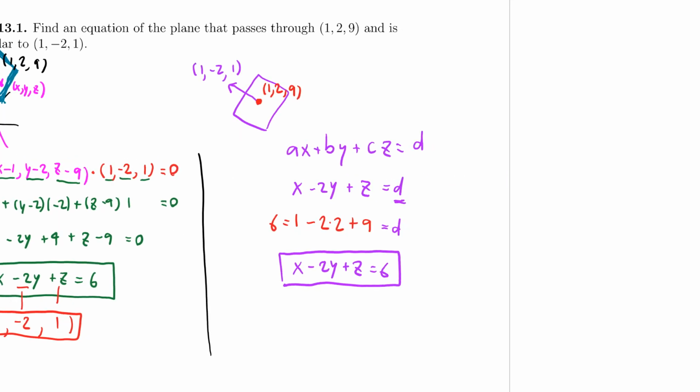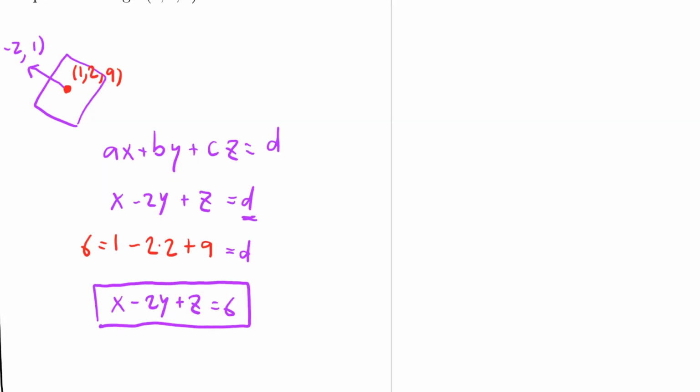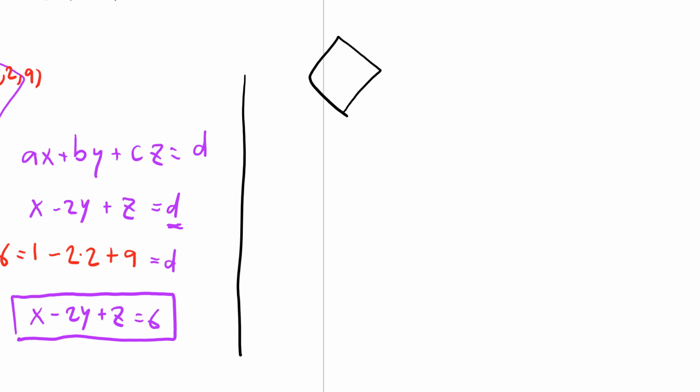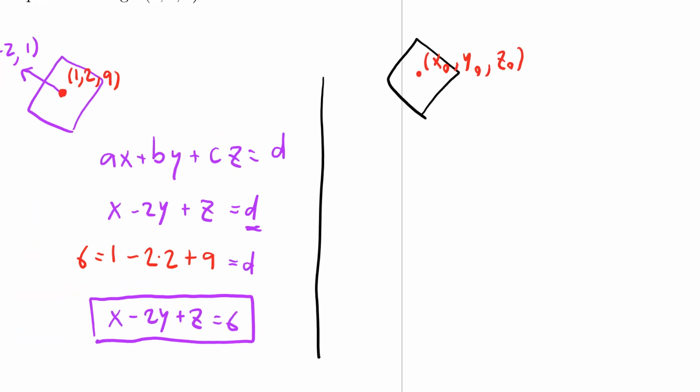Now, we can actually generalize this further as well. If we were to generalize this problem, let's say I want to find the equation of a plane that passes through the point x0, y0, z0, and I want this plane to be normal to the vector a, b, c.